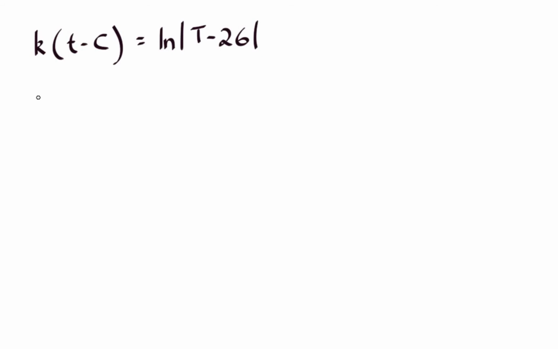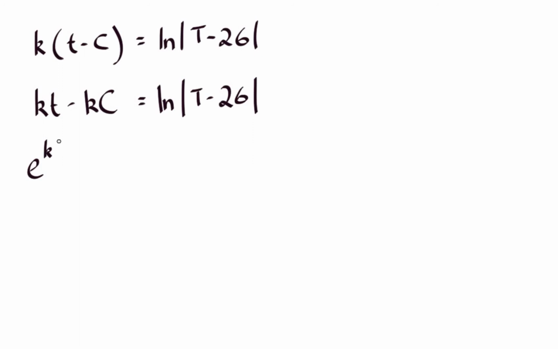Now that's just going to be some other constant, but we'll leave it as kc for now. And then how do we undo the natural log? Well, we take the exponential base e of both sides.